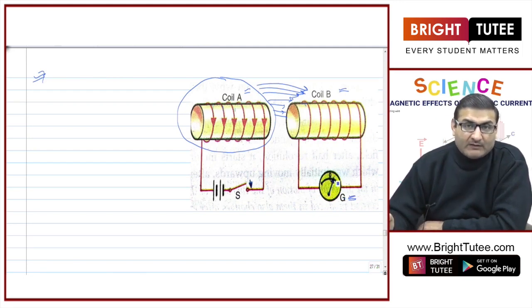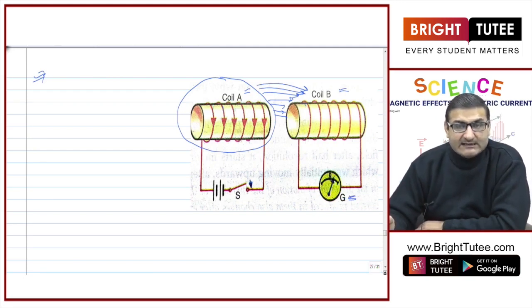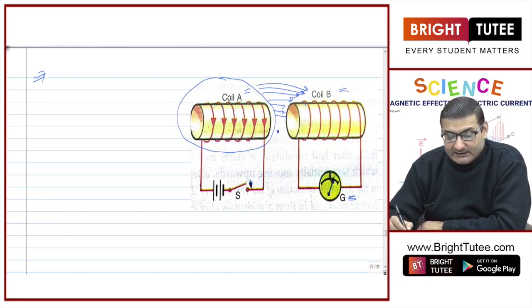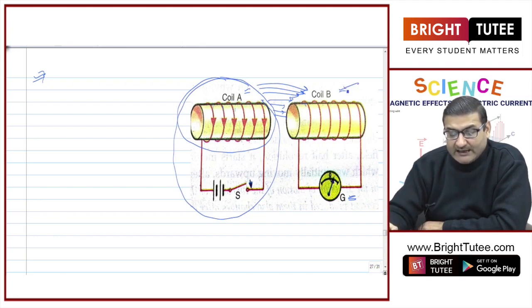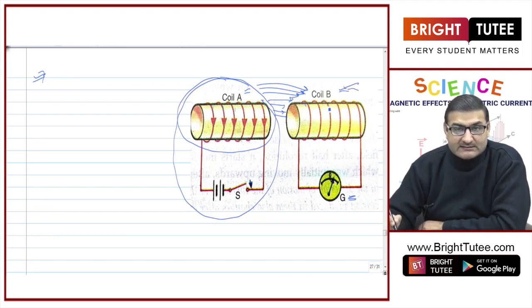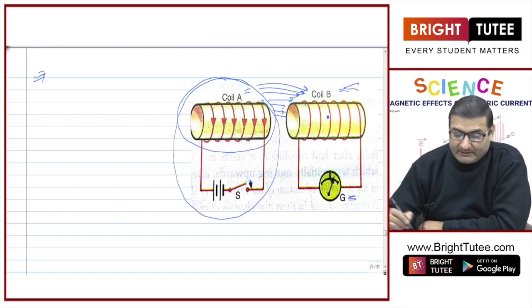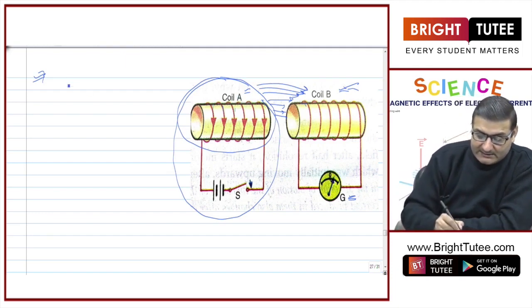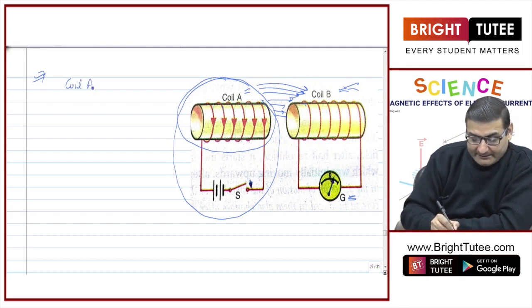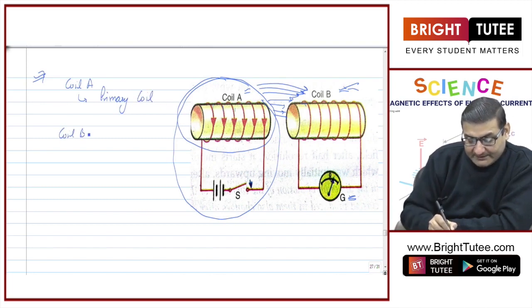This activity tells us that whenever there is a change in the magnetic field around any coil, current is induced in it. This coil A, which was connected to a cell, is termed the primary coil, and this coil B is termed the secondary coil.